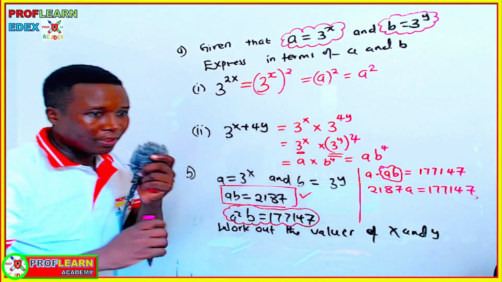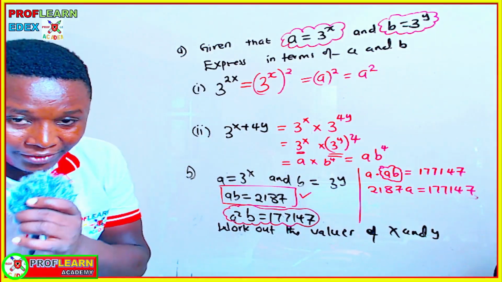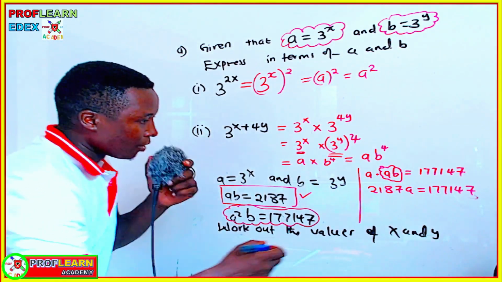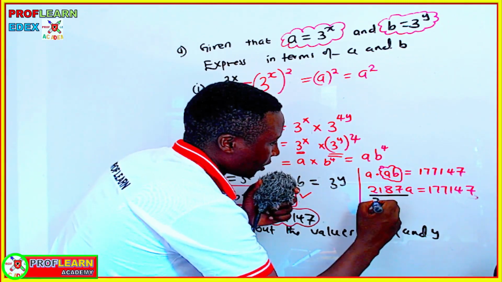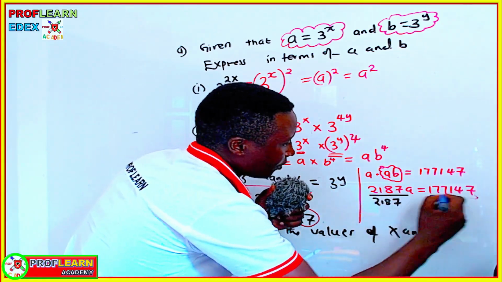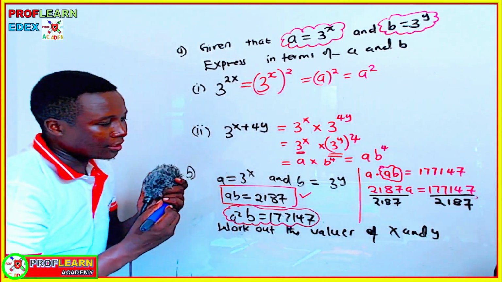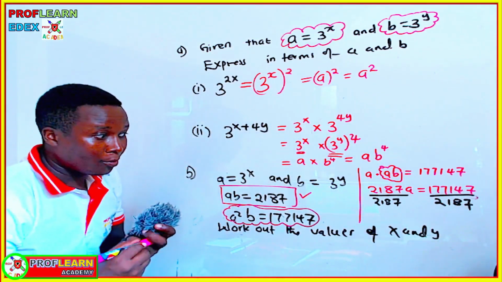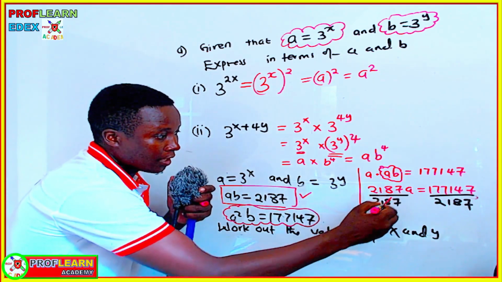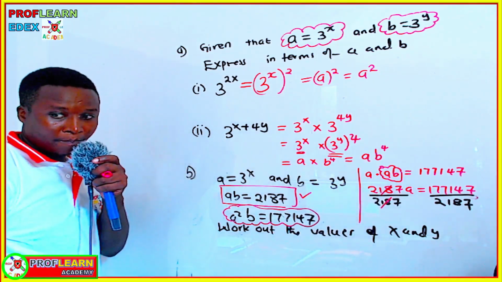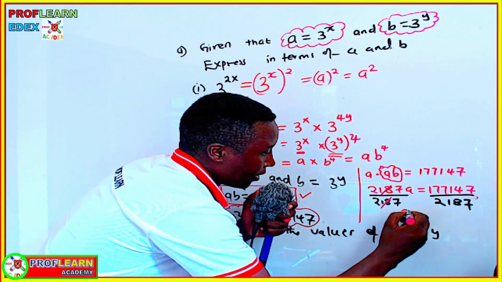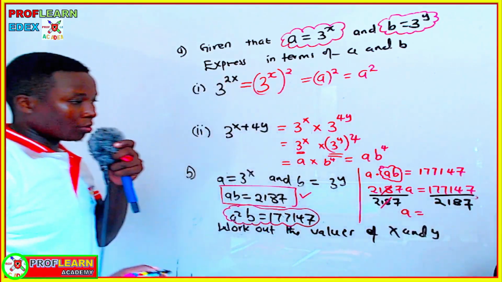2187A is equal to 177147. At this point, we have all the right to divide by 2187 here. So you can see that here we are going to cancel this, and then we're going to have our A, which is going to be equivalent to what?